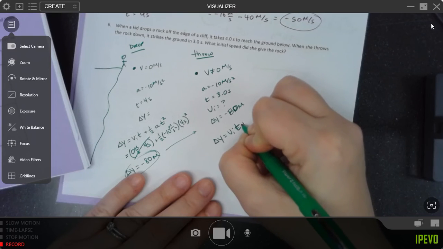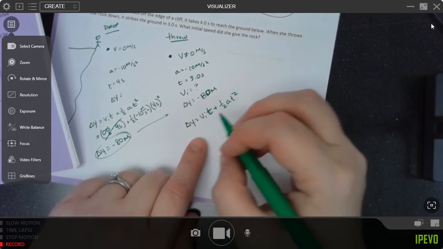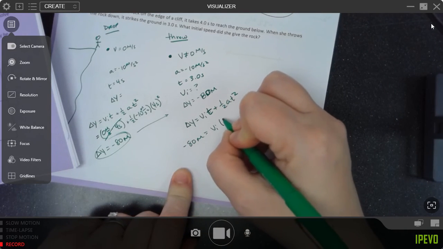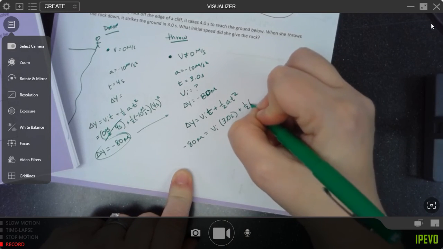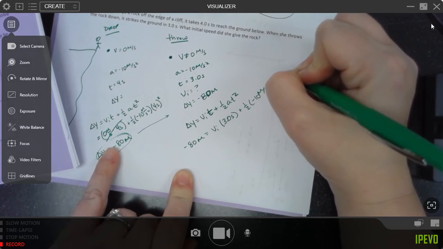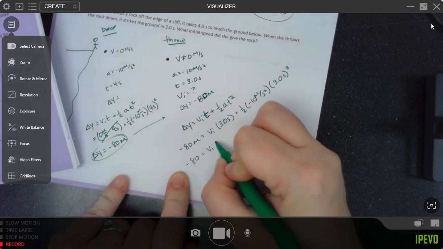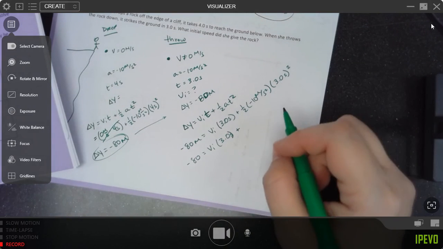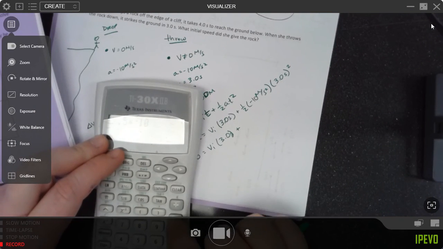Only this time we're going to solve for initial velocity. So we've got minus 80 meters equals our initial velocity times 3 seconds, plus 1/2 times minus 10 meters per second squared times 3 seconds squared. Point 5 times minus 10 times 3 times 3.